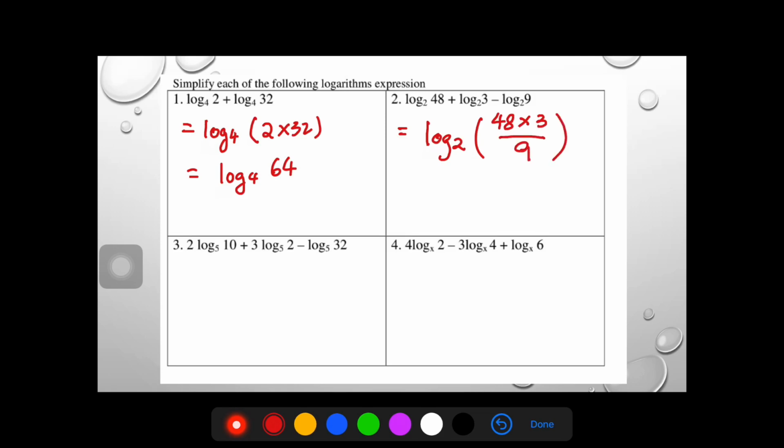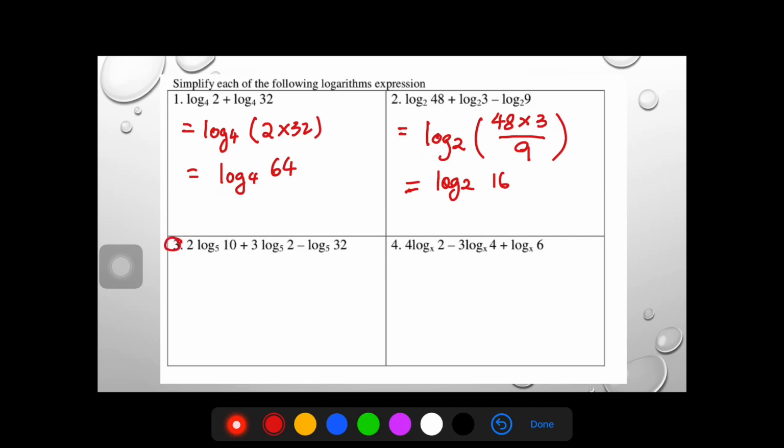Minus means divide. So press your calculator: 48 multiply with 3 divide by 9. So it will become 16. Log base 2 of 16. Actually, this one can be simplified again, but I just stop here because I want to make it logarithm first. So afterward, I'm going back to the question.